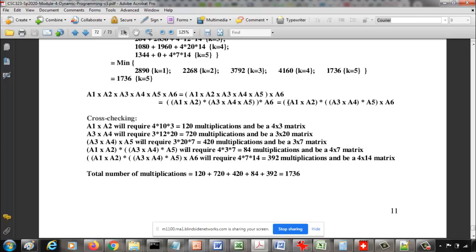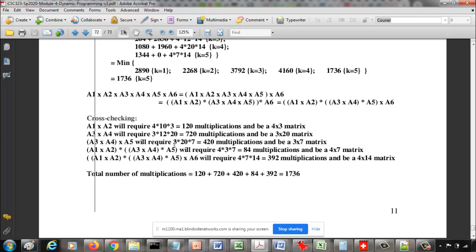Then you multiply A3, A4 with A5. That's the first thing you have to do, because it's splitting A3 to A5 like this. So A3, A4 is a 3 by 20 matrix. A5 is a 20 by 7 matrix. So when you multiply, it's going to be 3 times 20 times 7, which is 420 multiplications.